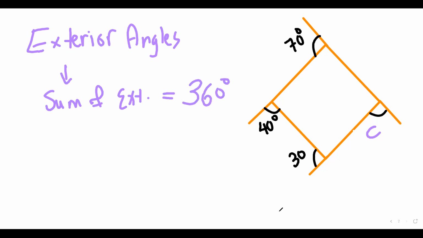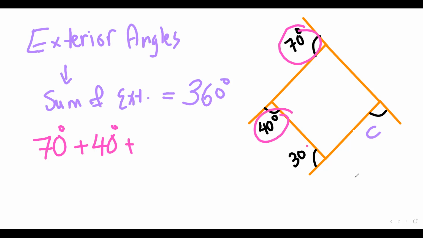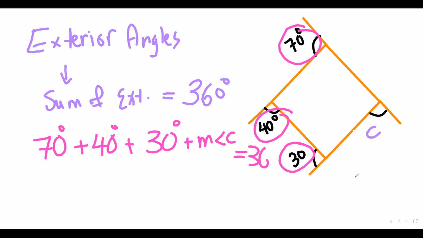Bravo. So I will say 70 plus 40 plus 30 plus the measure of the angle C equals 360.